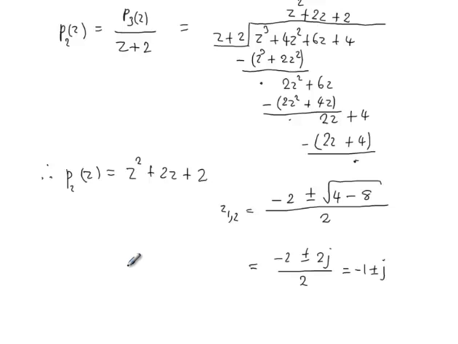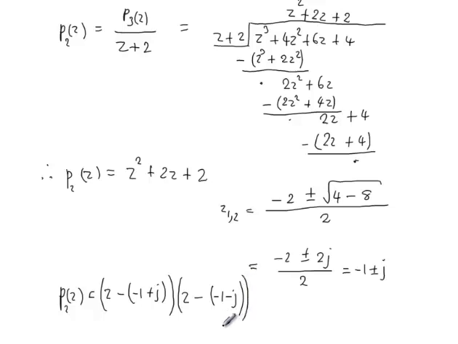So which says this P2 is actually Z minus, in one case, brackets -1 plus J, that is a factor. The other factor, Z minus, brackets, -1 minus J. Why I'm writing it this way is because I'm a slow learner.